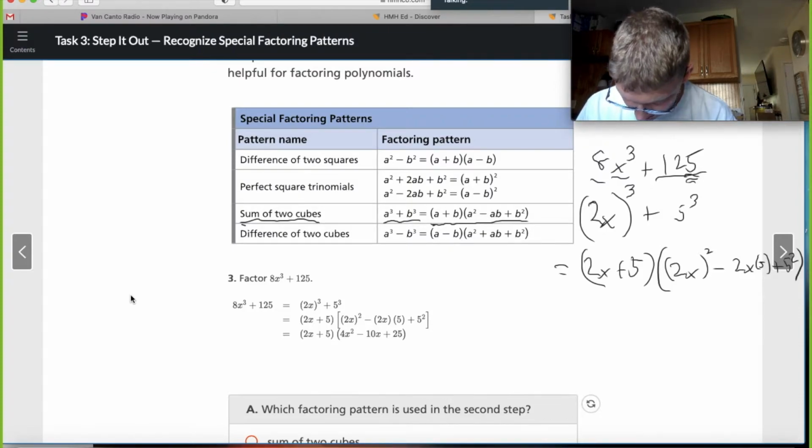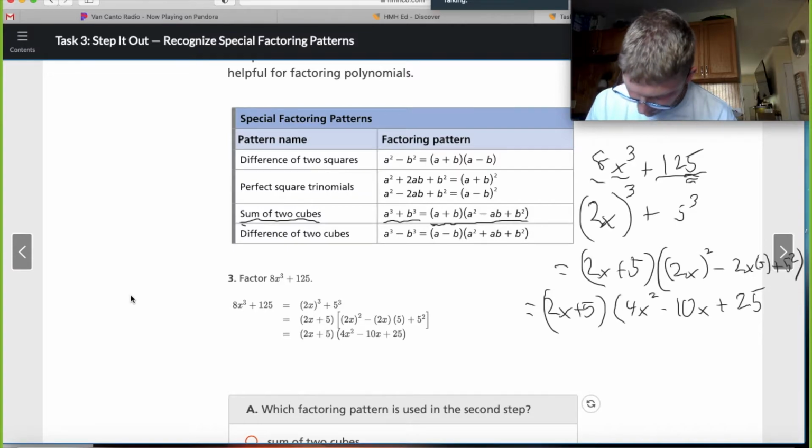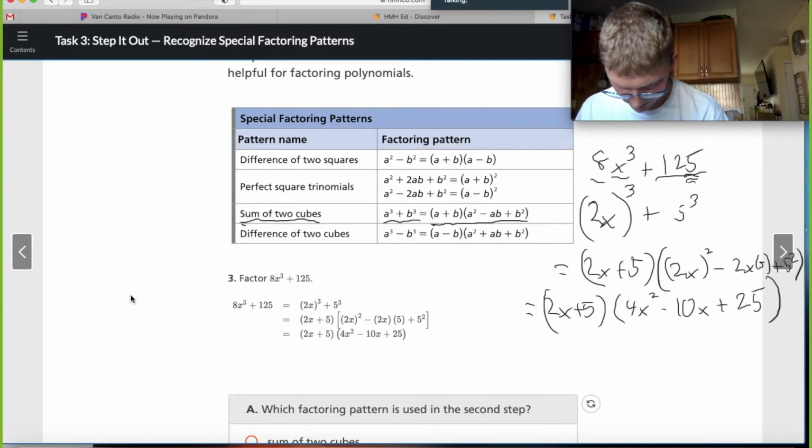And so then you can multiply that out. 2x plus 5, so that just stays there. 2x squared is 4x squared, minus 10x, plus 25. So that is how you factor that guy.